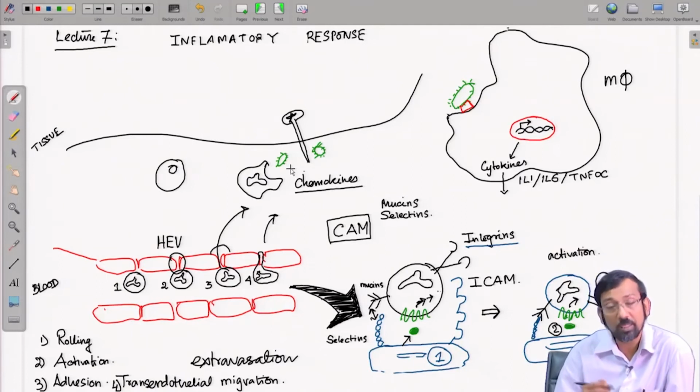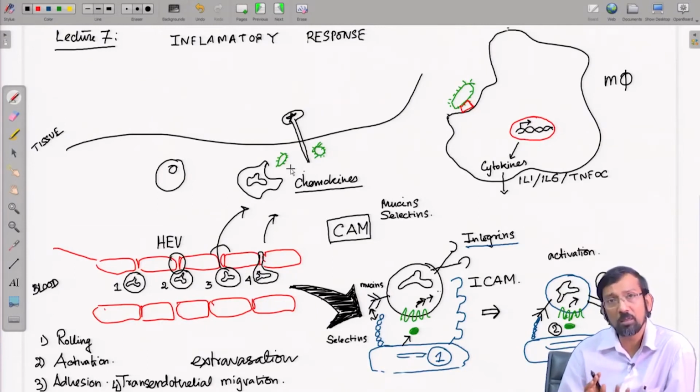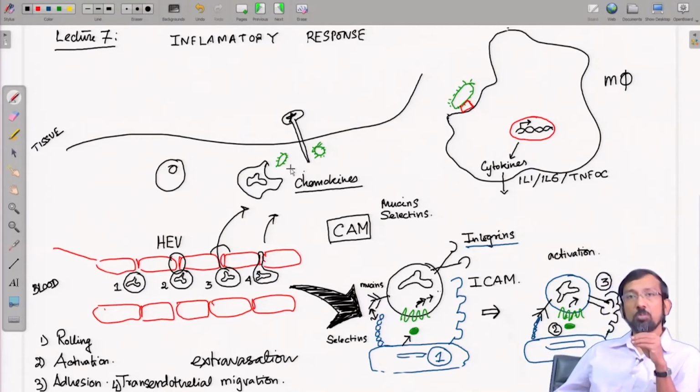Among them are the chemokines and some cleaved complement products. We will discuss complements in detail at that time, and more about the complement cleaved products and complement mediated inflammatory responses.